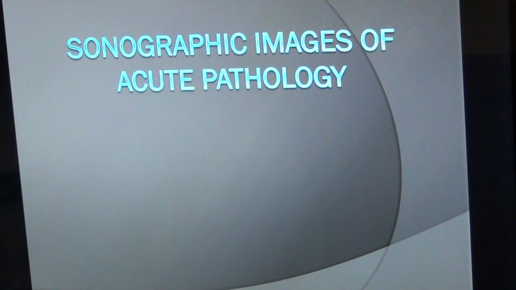If there is an abscess anywhere on your face, you will see an area which is a bump, you can feel it, it is painful, the local temperature is hot, and it is congested. That's the way you will see acute infection. Now I would like to give you sonographic images that will help you describe acute infection.